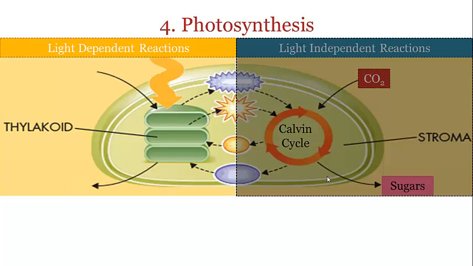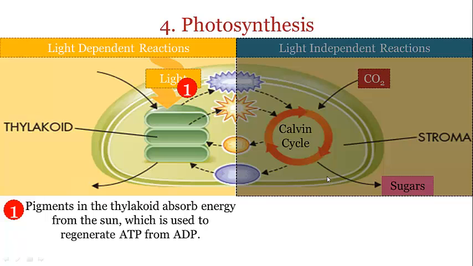So for the light-dependent reactions, first, light has to hit the thylakoid where pigments absorb that energy from the sun, and that is used to generate ATP from ADP.